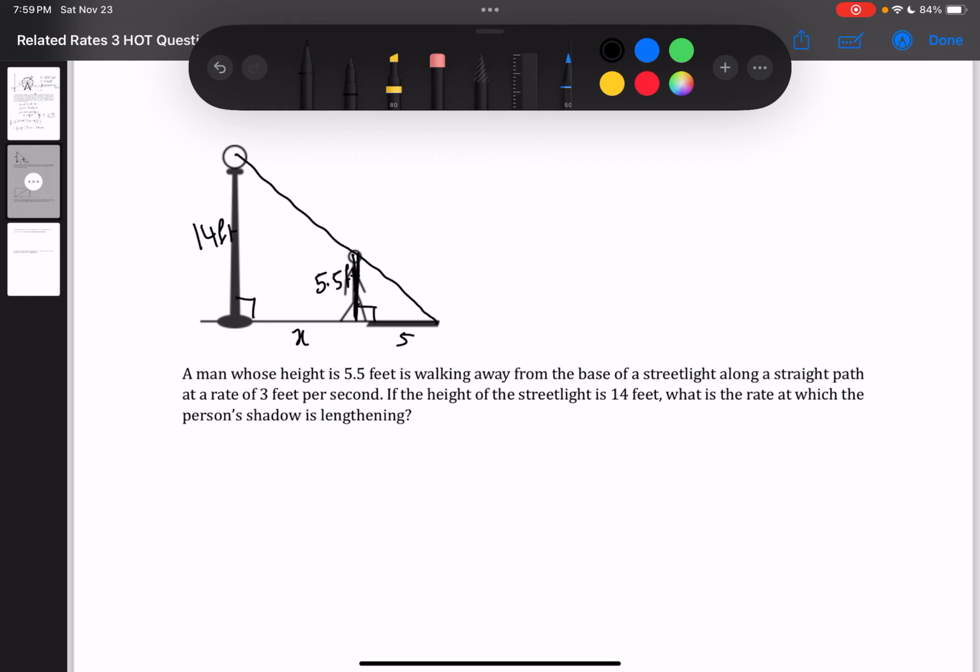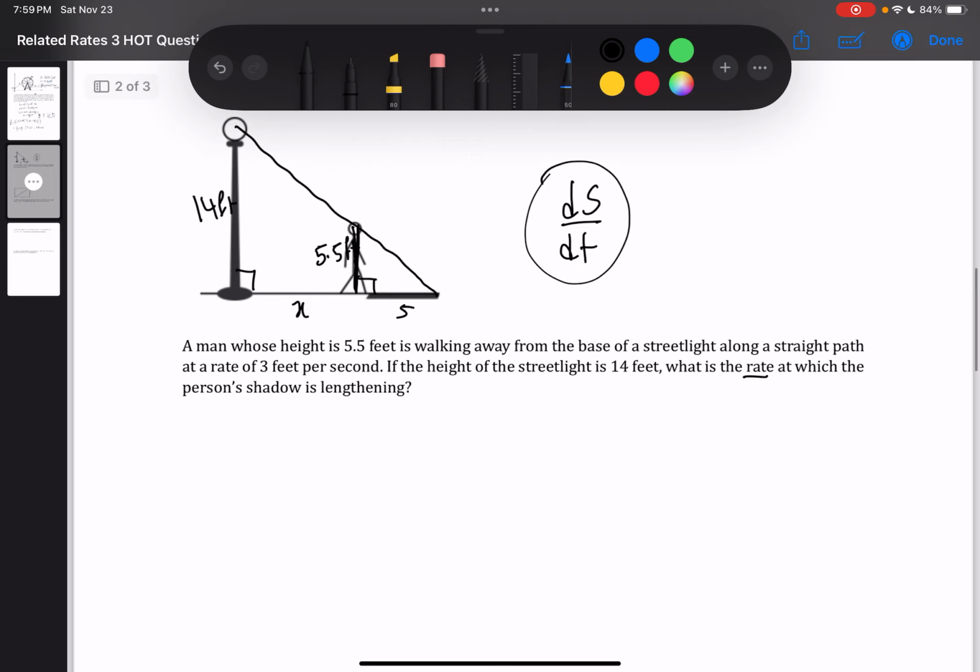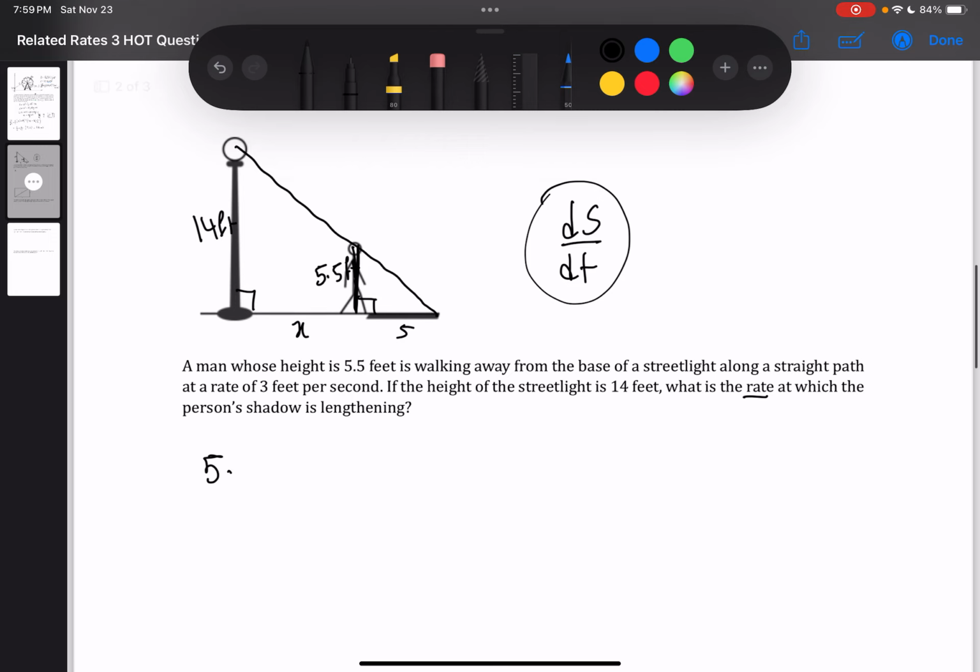And in the question, they want us to find the rate at which the person's shadow is lengthening. So we want to find ds over dt. Now, using the similar triangle theorem, which is basically the similar triangle ratio over here, we can say that 5.5 over the total height of the street light, which is 14, is equal to the length of the shadow over the total length that you have over here, which is s plus x.